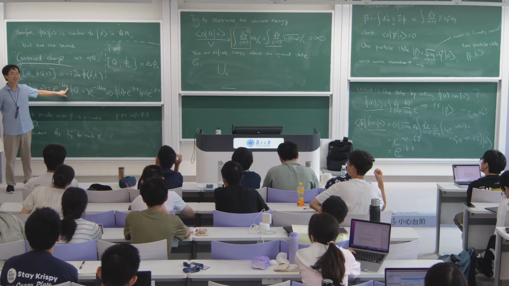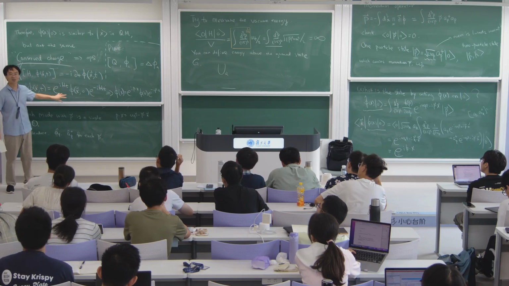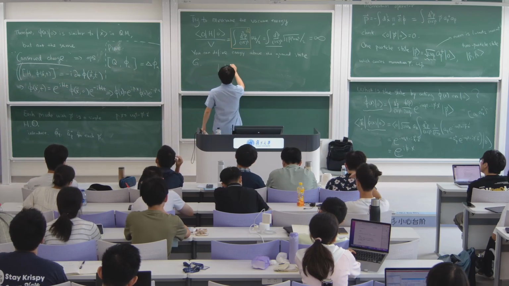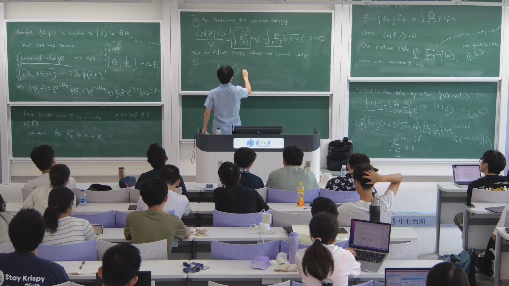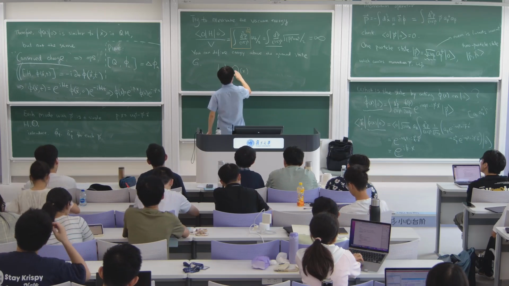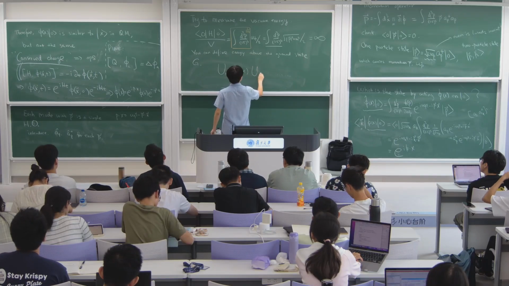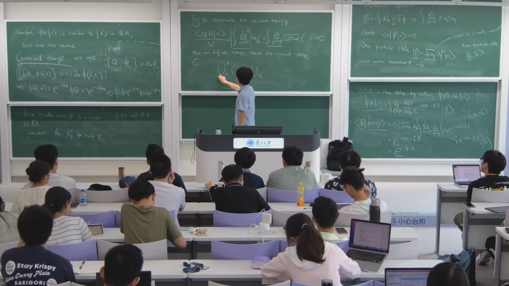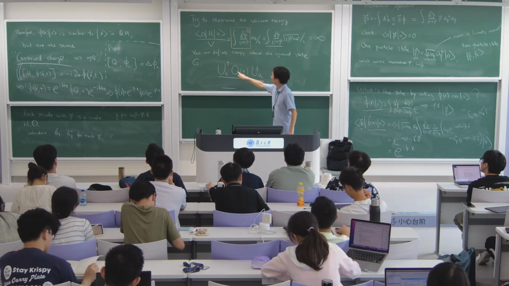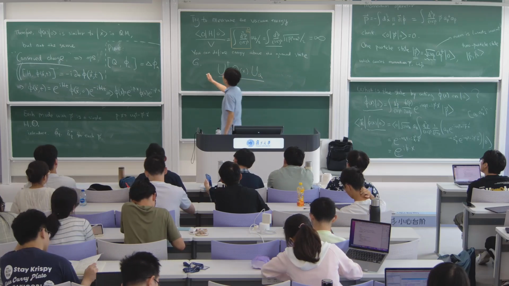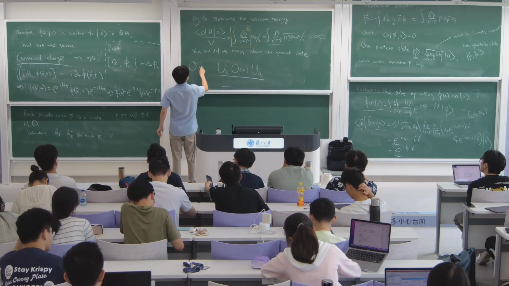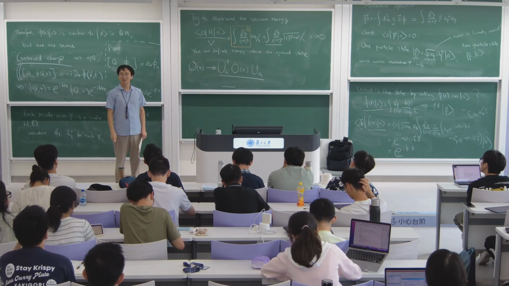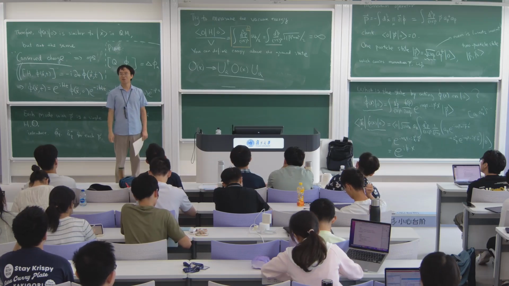Given an operator O(x), if you want to transform it, you can always do U(alpha) dagger O(x) U(alpha). This defines how you transform the given O(x). In our familiar language, the symmetry transformation means we send O(x) to this one.